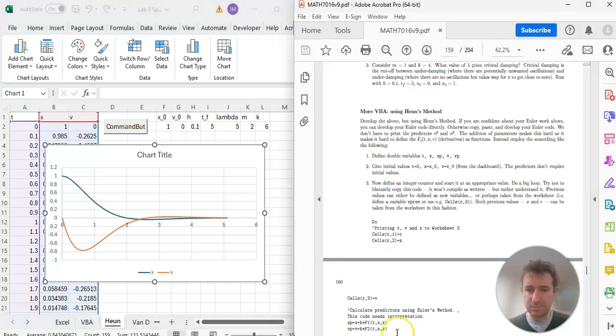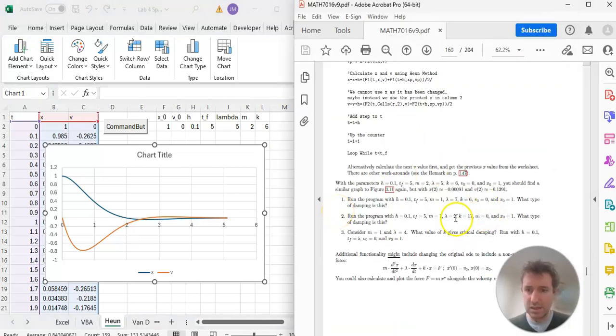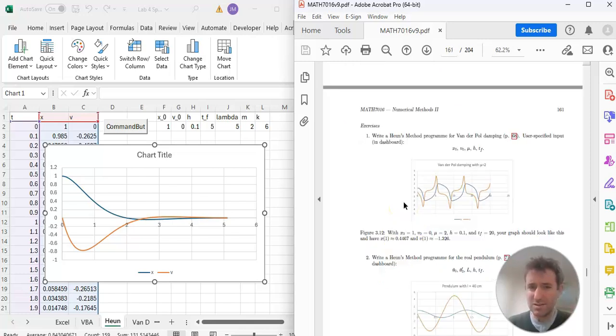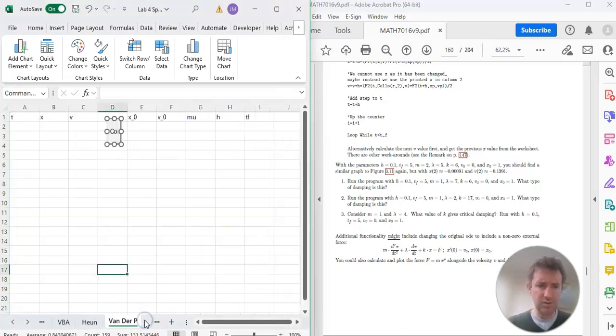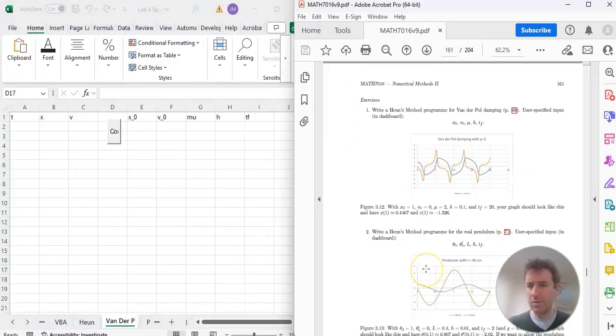I don't know, are there any questions on this? Yeah, I'm not sure these are the same questions we had, so they probably should have been deleted. I'm going to make a note of that. Okay, those who are a bit concerned about Heun's method, I think I have these down as doing Heun's method.